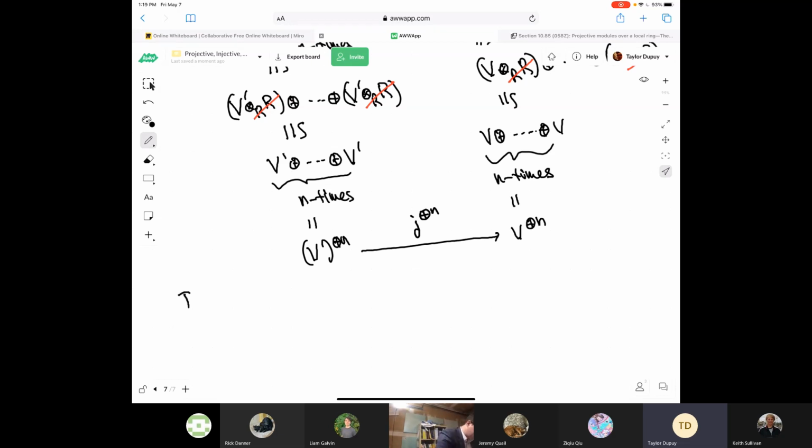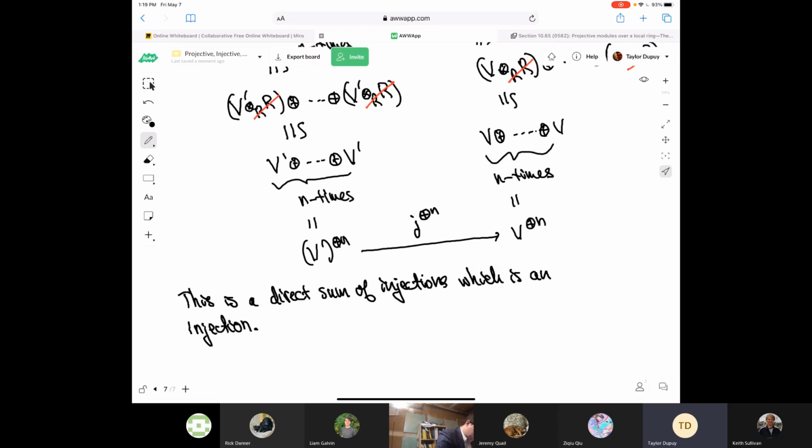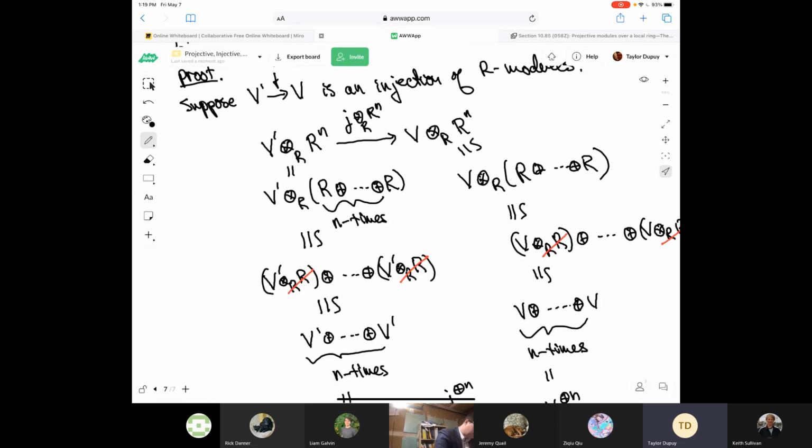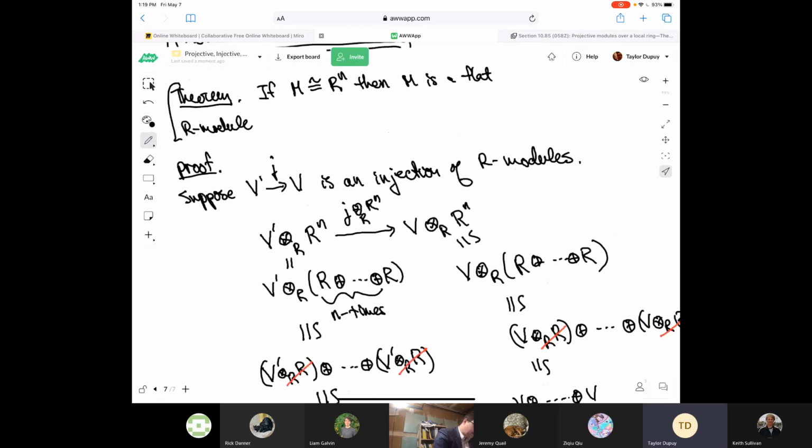So this is a direct sum of injections, which is an injection. Okay, there we go.